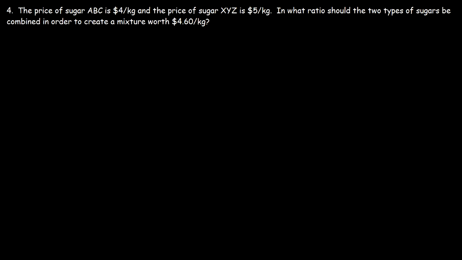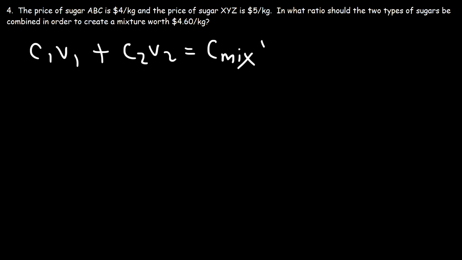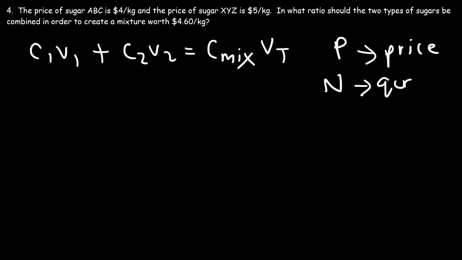Well, this problem is actually similar to the last problem. Recall that the equation in the last problem that we used was C1V1 plus C2V2, which is equal to the concentration of the mixture times the total volume. But in this case, we're going to change the variables. We're going to use the letter P to correspond to the price and the letter N to correspond to the quantity.